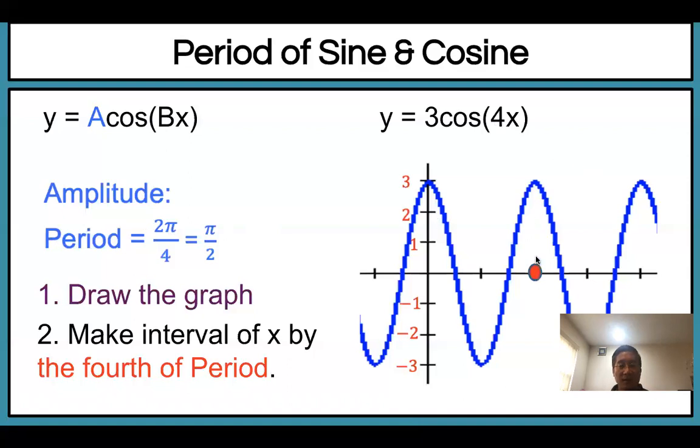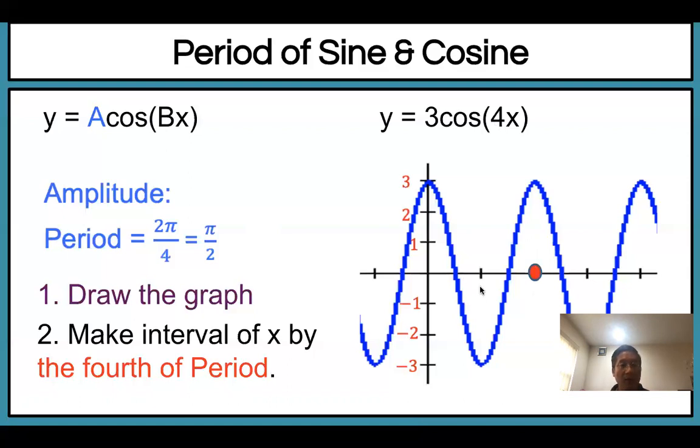So you write down, now look, I cut this interval by 4. So 1, 2, 3, 4. This is what degree? 90 degrees or pi over 2 here. Then what is over here? This will be in the middle, 45 degrees, right?